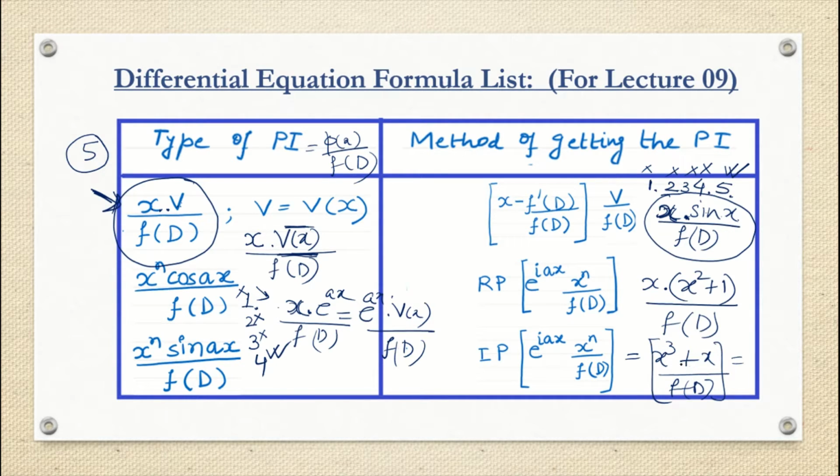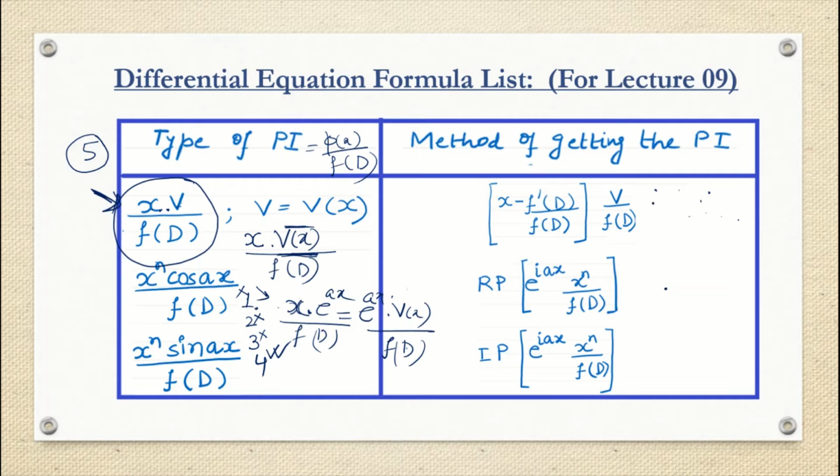If I'm splitting it, then I'll write x cube by f(D) plus x by f(D). Now tell me what type is it? Is this your type 1? No. Why? Because an exponential term is not there. No trigonometrical term, so this is not my type 2. Yes, this is my type 3 because this is polynomial in nature, right? Even this term is also your type 3 because it is polynomial in nature. So this is your type 3.